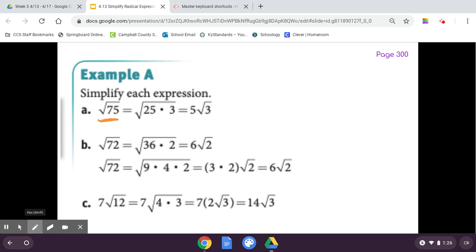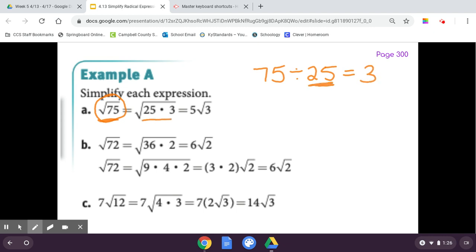So we need to figure out what numbers can multiply to get to 75, one of which needs to be a perfect square root. So we know that 75 can be divided by 25, and you get 3. 25 being our perfect square root.